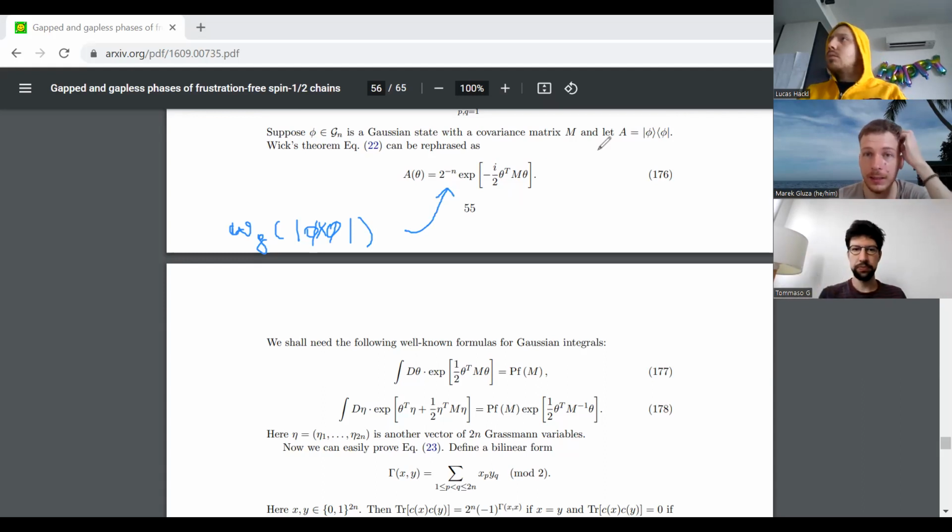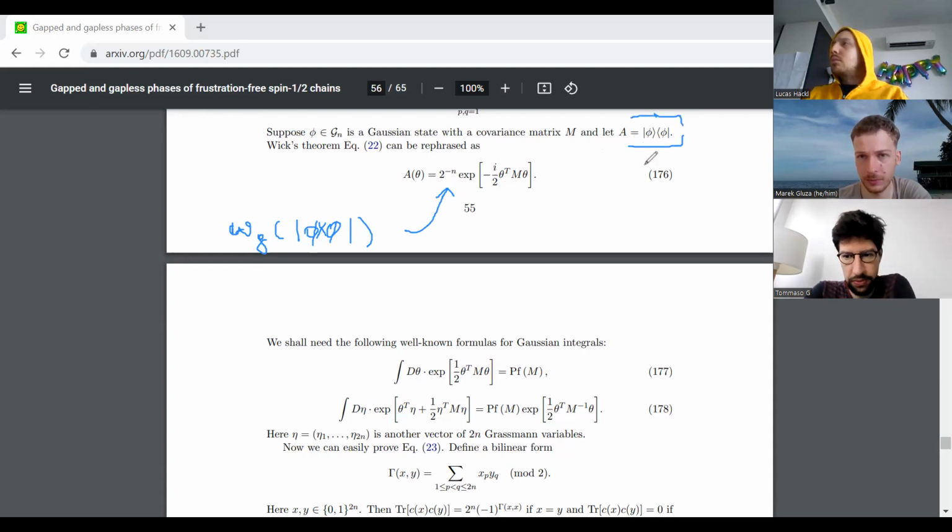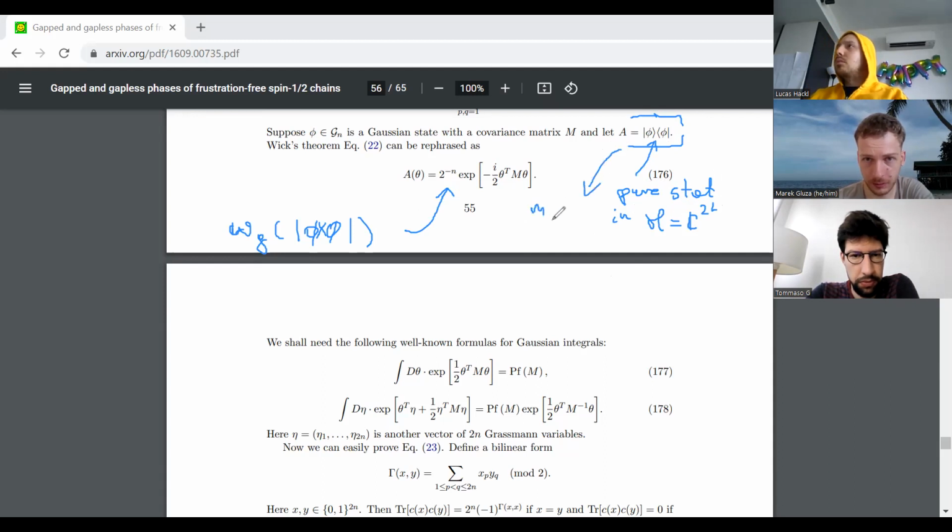And I didn't define Gaussian states, but what I will be betting on is that you will be comfortable with just assuming that this is just a pure state in Hilbert space. And the Hilbert space will be C to power 2 to power L. And basically, there will be some Majorana operators defined here. So Mj, Mk will be 2 delta Jk.